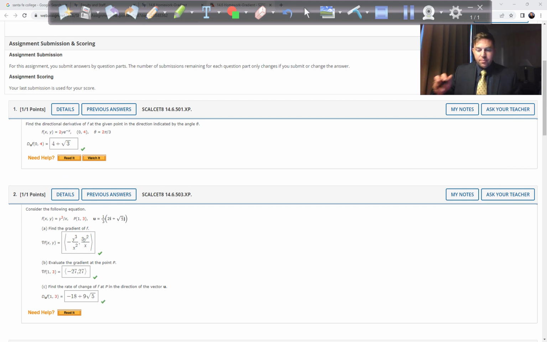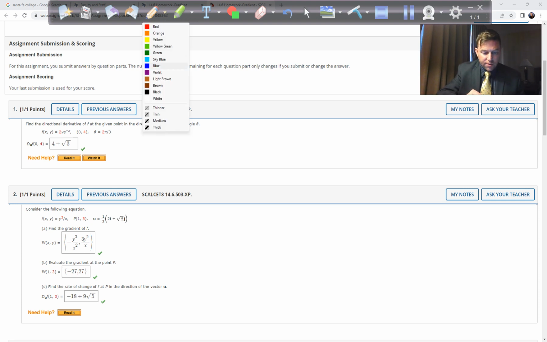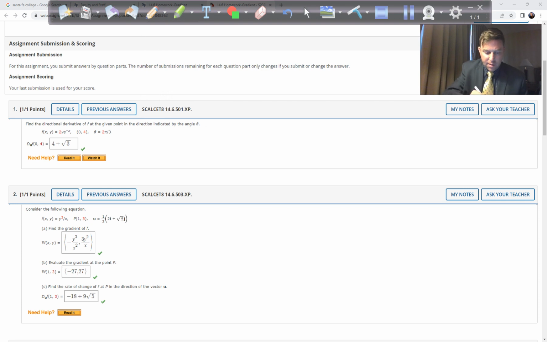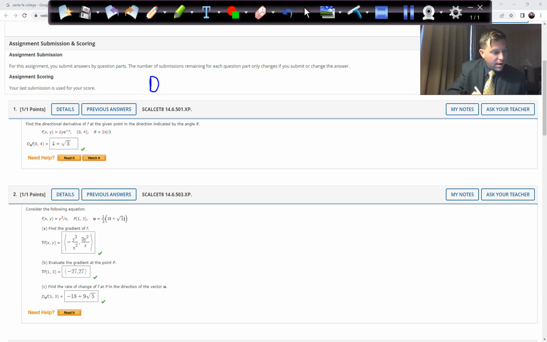So the directional derivative is going to be denoted with a capital D, and then u as a subscript, and then it'll be of the function, and whatever variables we have in the function, in this case x and y.